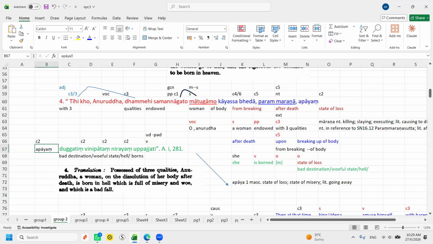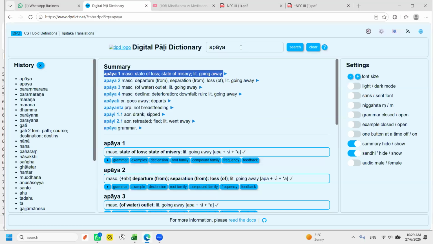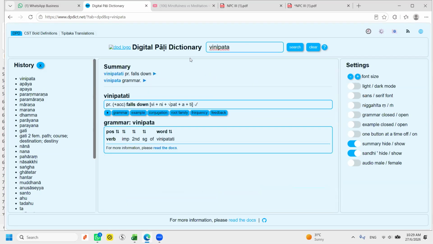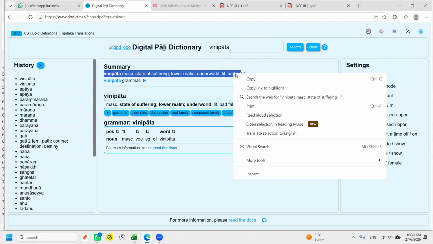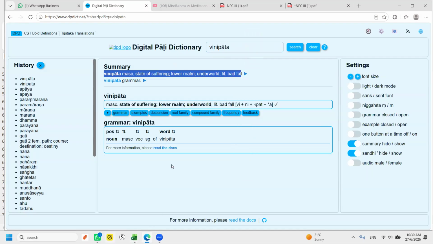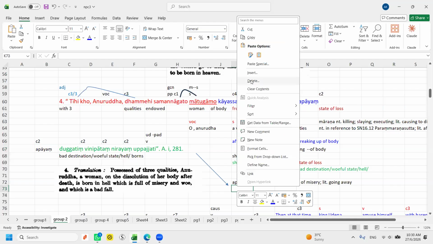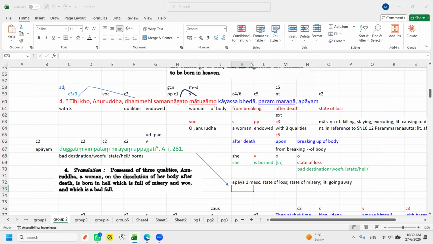We need vinipata. See? Vinipata: suffering state, lower realm, underworld, and bad fall.